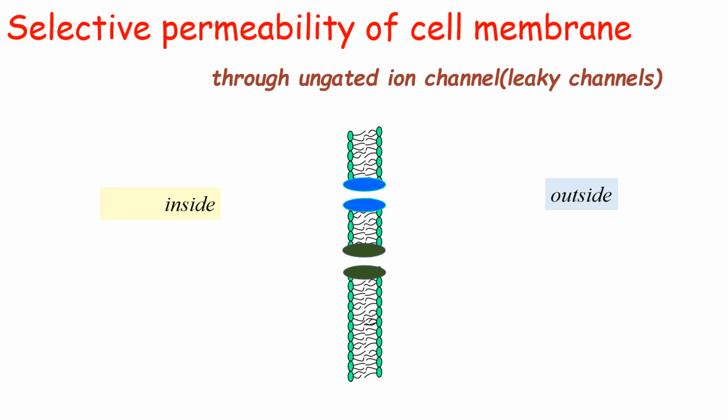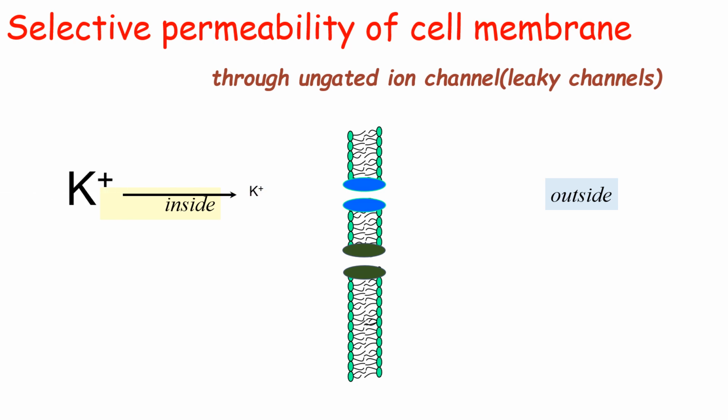Now when we talk about the resting membrane potential, we mean that this membrane is selectively permeable to different ions. We have a number of cations, ranging from potassium, sodium, and calcium, and a number of anions, which are bicarbonate, chloride, etc. This membrane is not equally permeable to all these ions. It is more permeable to certain ions and less permeable to others.